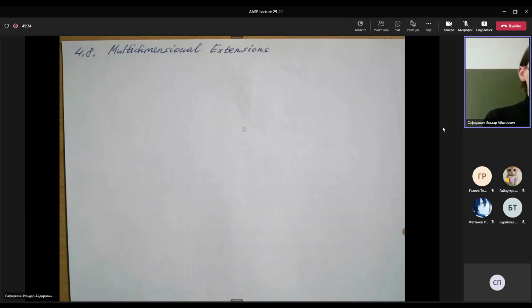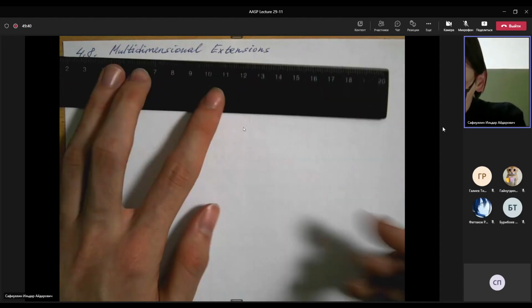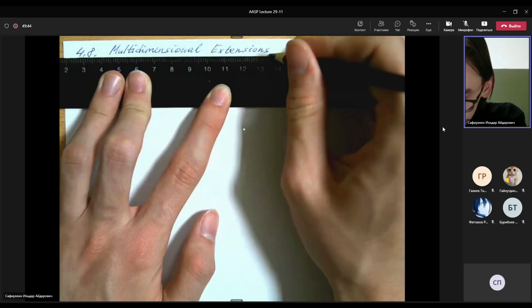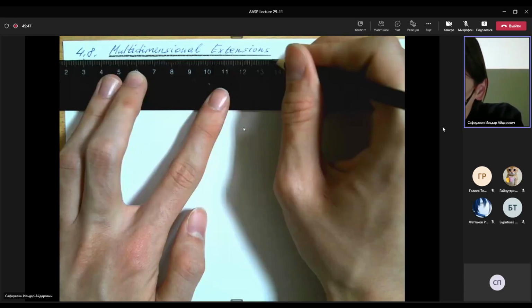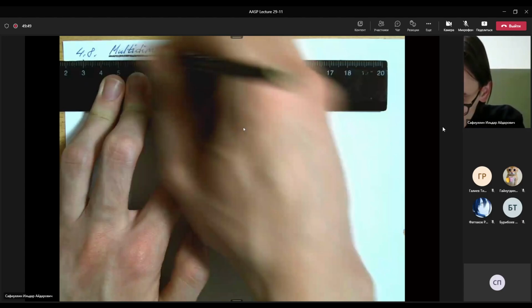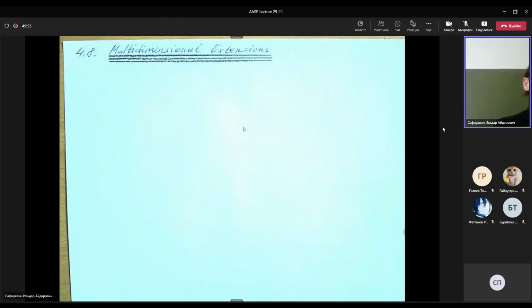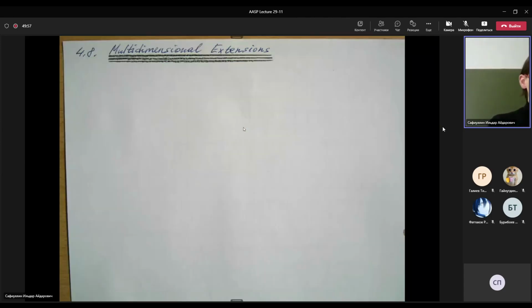And here we will start with 2D. So we have angle theta and angle phi, which are called co-elevation and azimuth respectively.